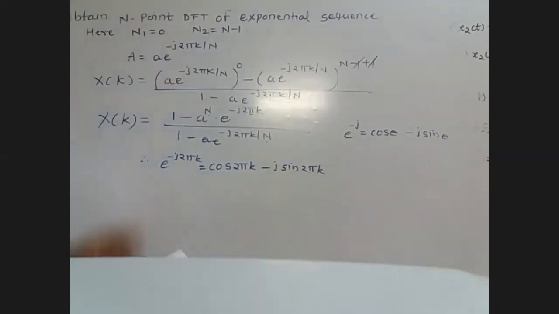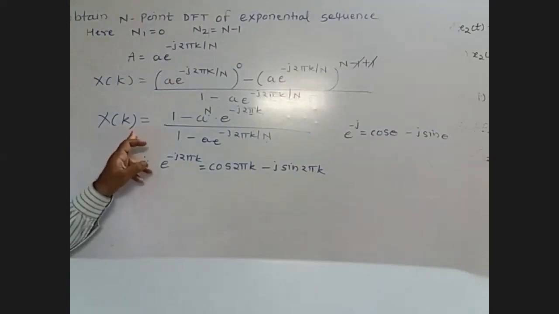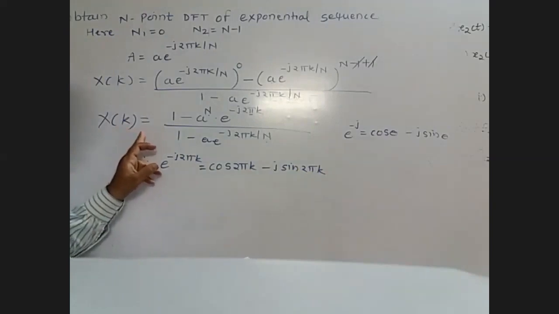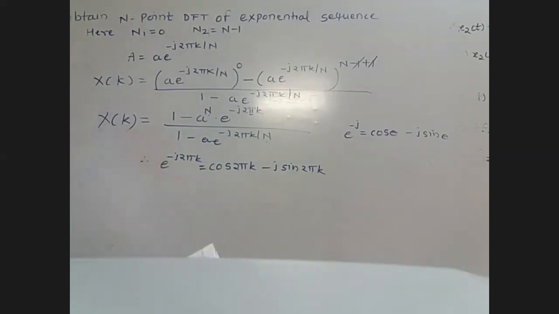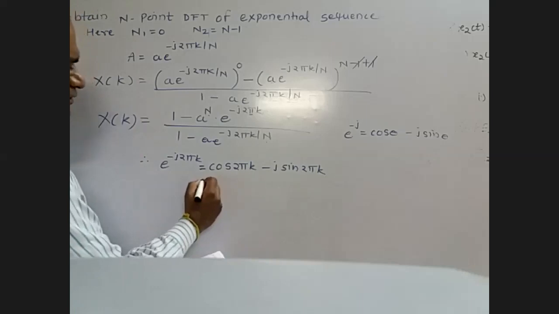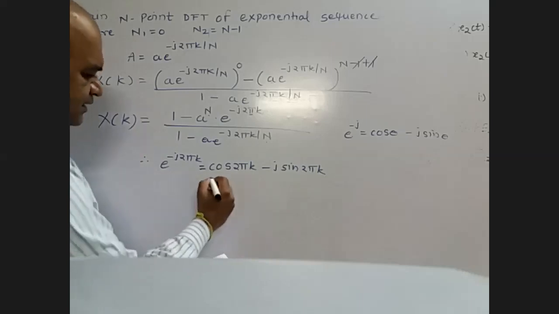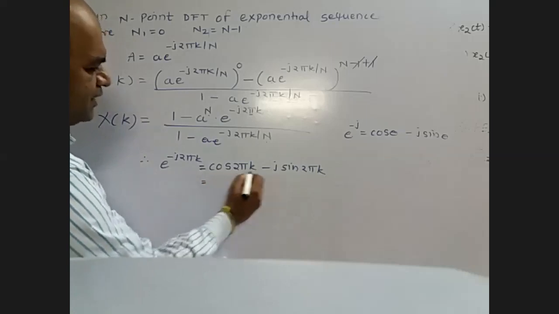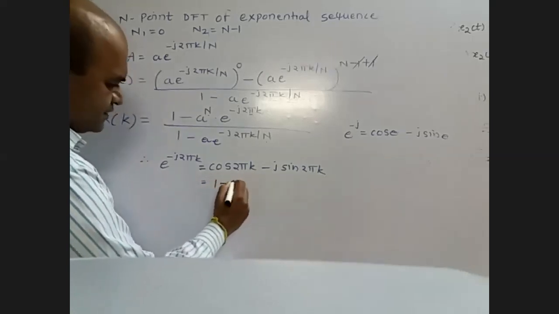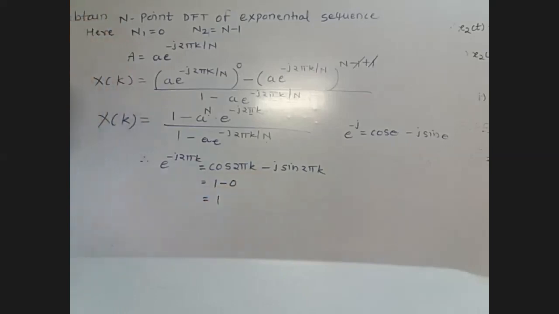Now k is coming from X of k, so the value of k will be 0, 1, 2, up to n minus 1. So in case k is 0 or 1, you will get cos 2 pi, so it will be 1 minus 0, and you will get finally one term.